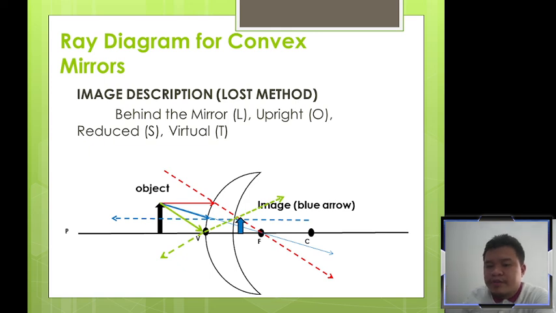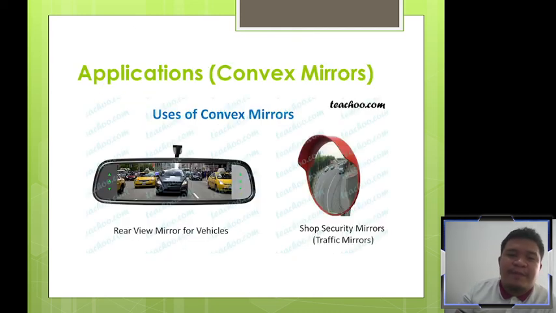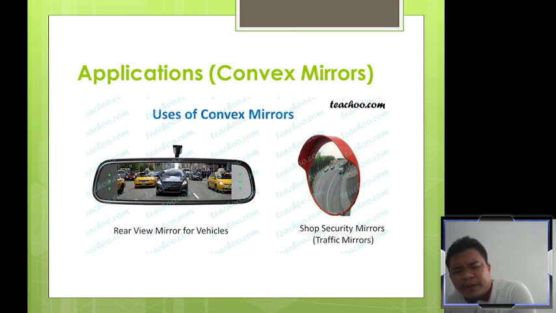Upright, because you can see the intersection happens above the principal axis, which is now having the same orientation as that of the object. Reduced, well, it's because the arrow is much shorter compared to the object. And it's virtual because all upright images are virtual images.